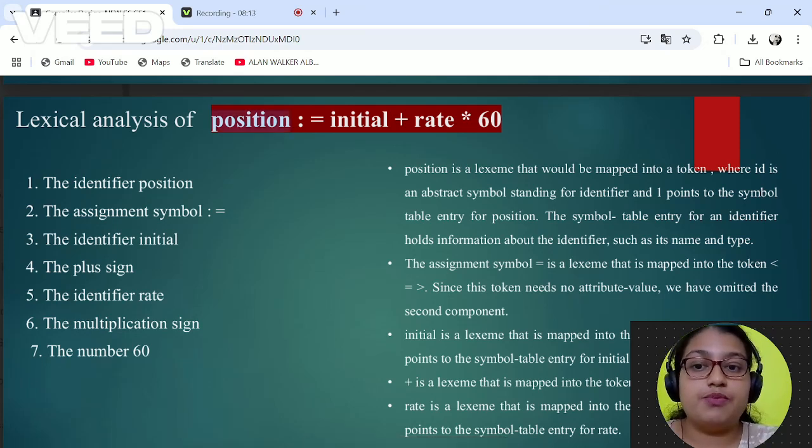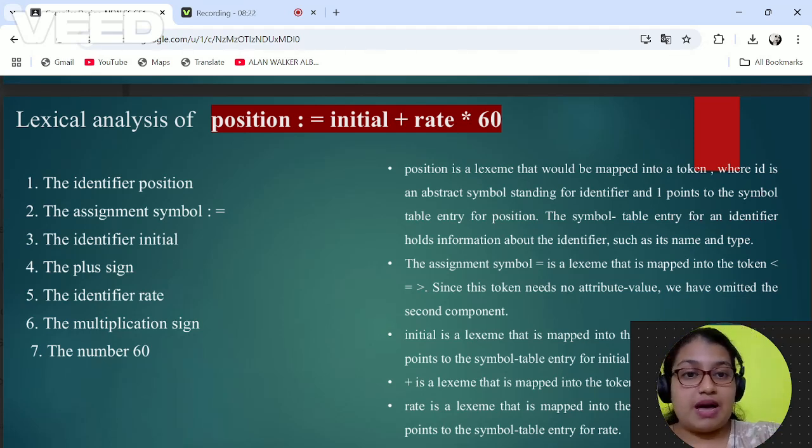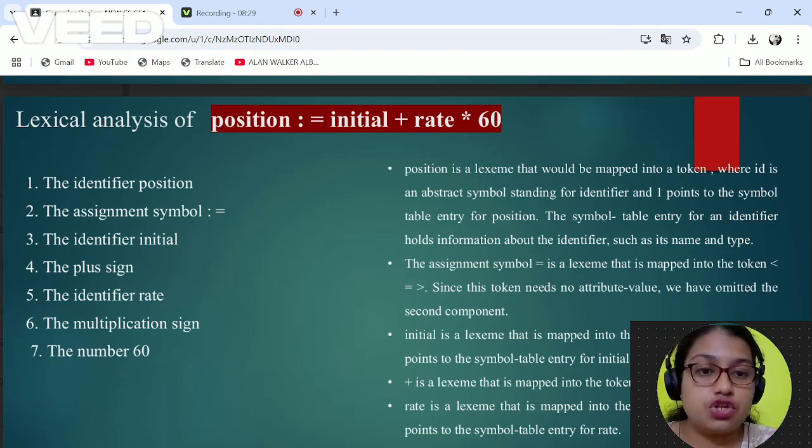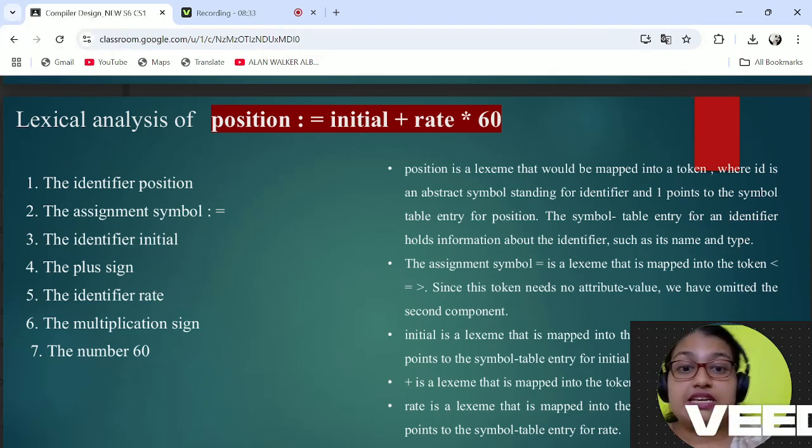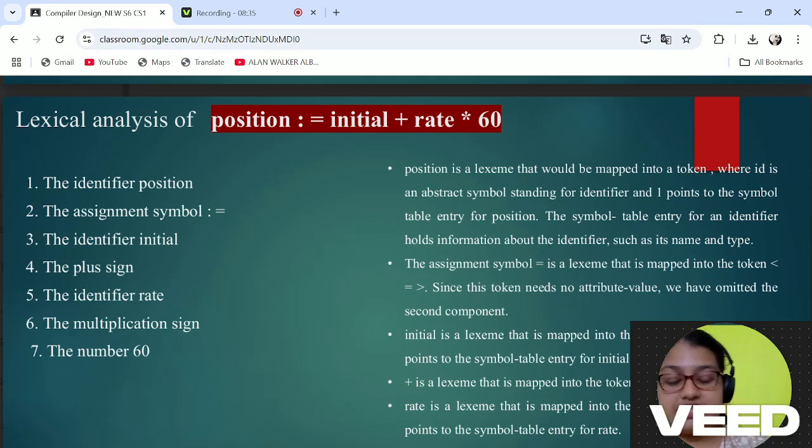Here we have position. This is a lexeme that would be mapped into a token. The position is the lexeme, and I want to map it into a token. Here ID is an abstract symbol for identifier, which I have written in the short form ID. And then 1, why? It is the first entry in the symbol table.